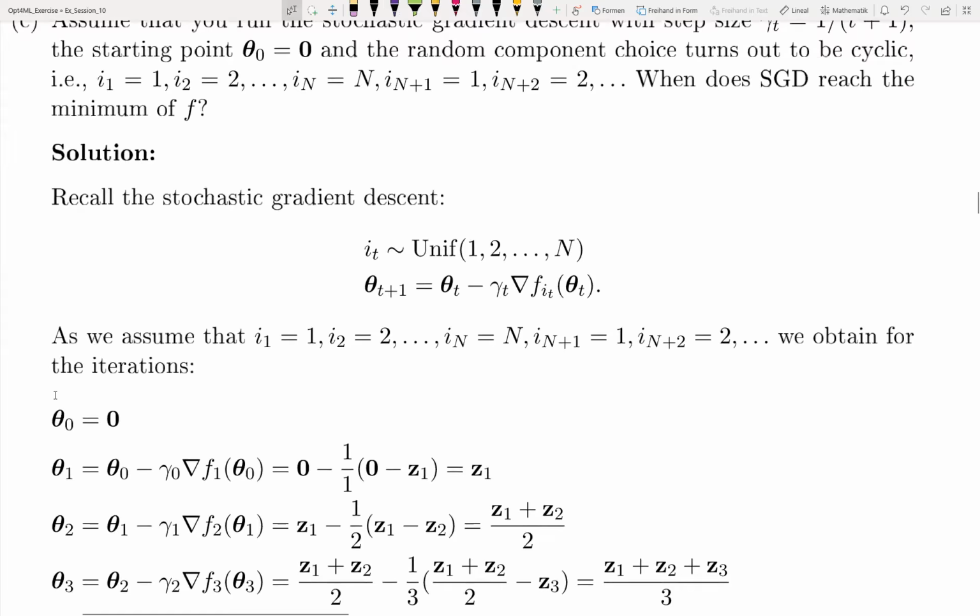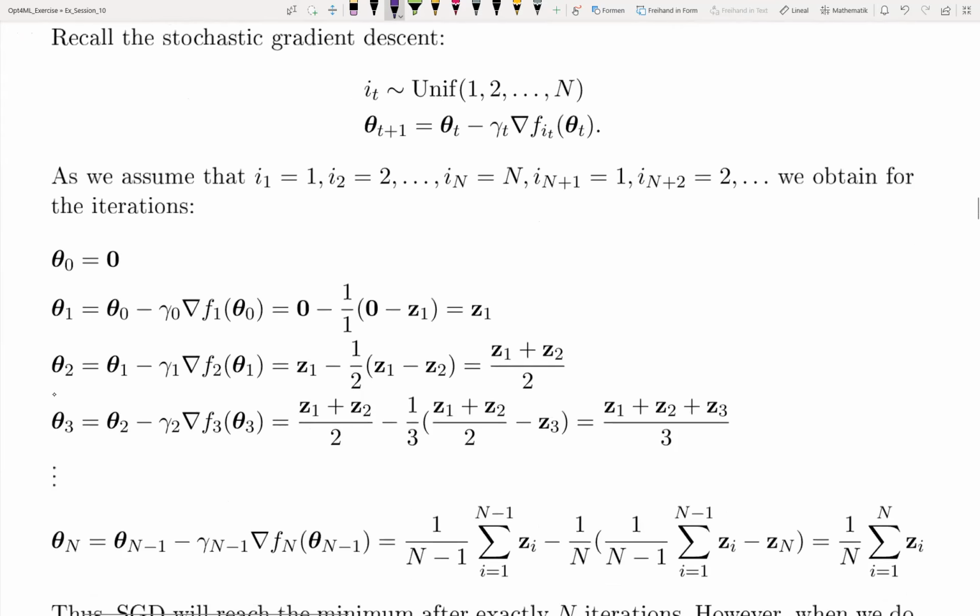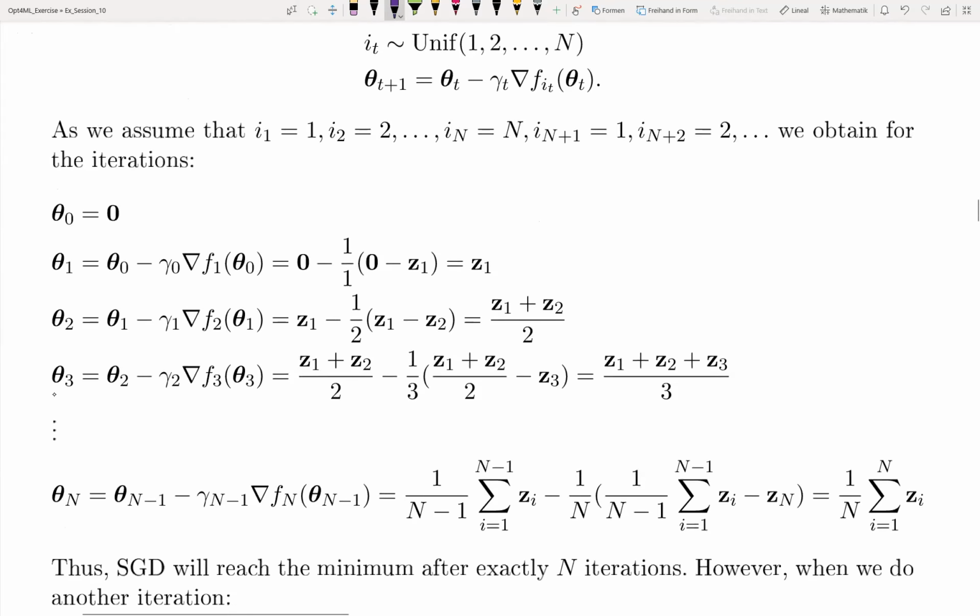So for the first iteration, we start with the 0. For the next iteration, now we go from the 0 into the direction of the stochastic gradient, f_1 at theta 0.